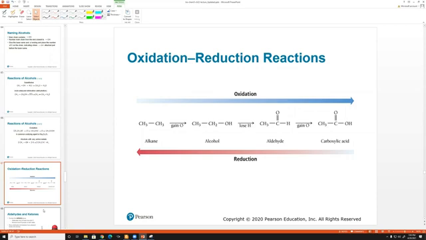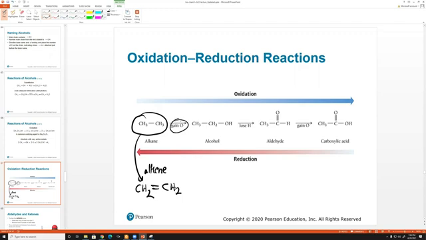So the first thing we started out with was the most reduced, meaning an alkane, right? Then we oxidized it a little bit, because we went to an alkene. An alkene is oxidizing, because you're removing hydrogens.